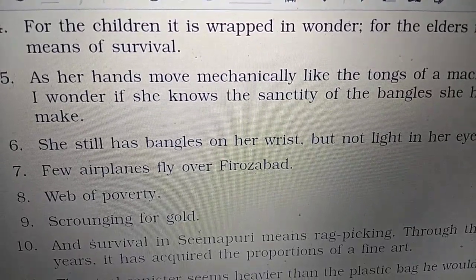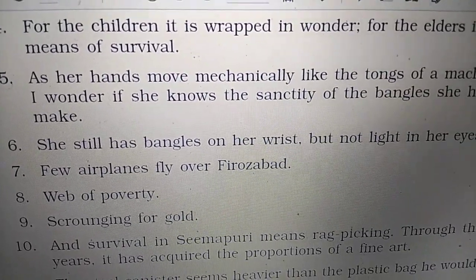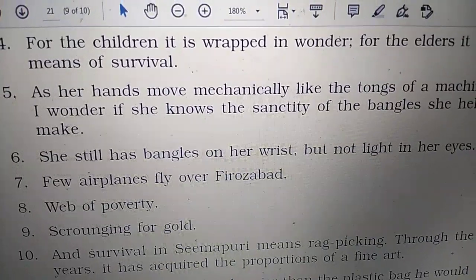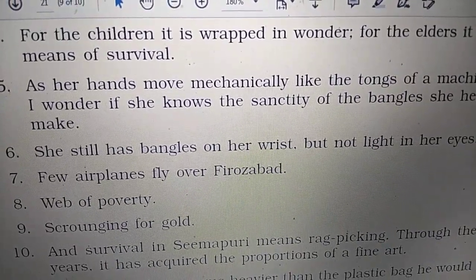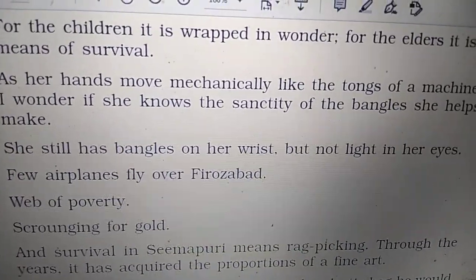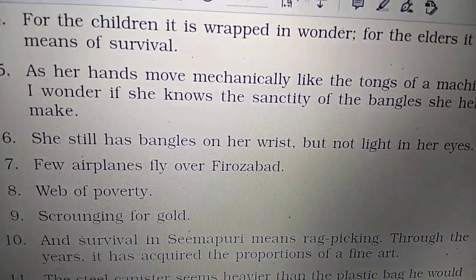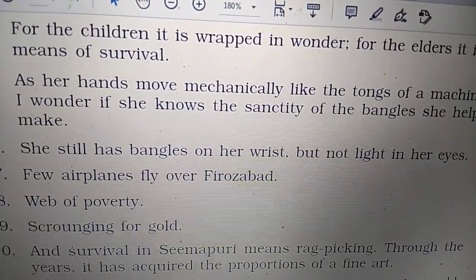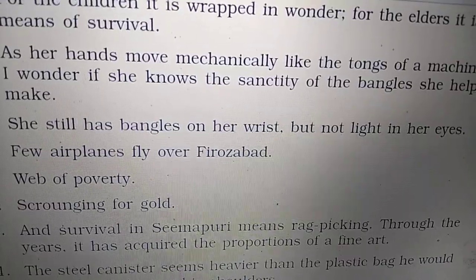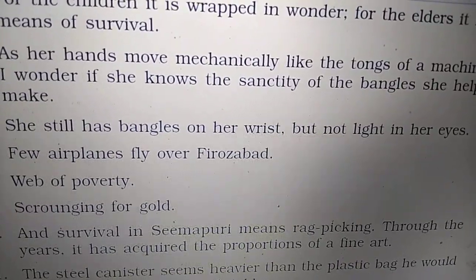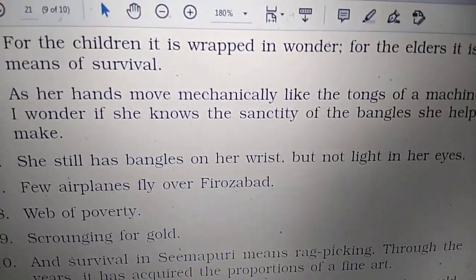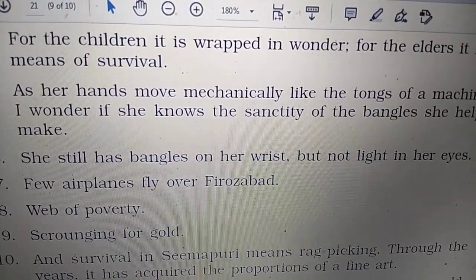It's a statement or situation that may be true but seems impossible to understand because it contains two opposite facts. And here, this sentence contains two opposite facts. On one hand, the author says, bangles on her wrist. On the other hand, she says, but there is no light in her eyes. So, this statement signifies paradox.